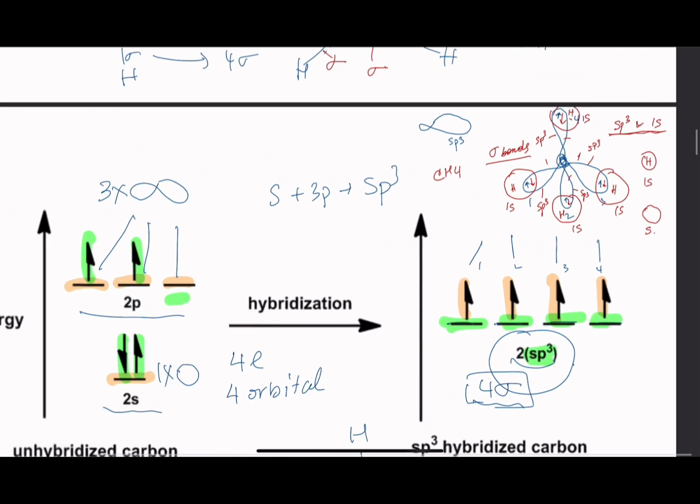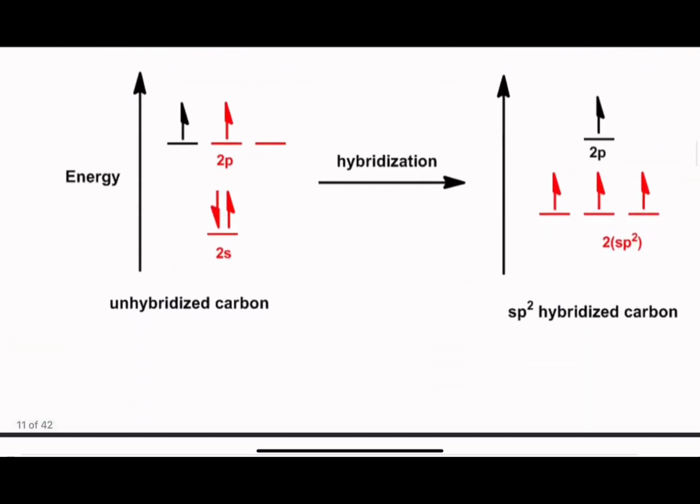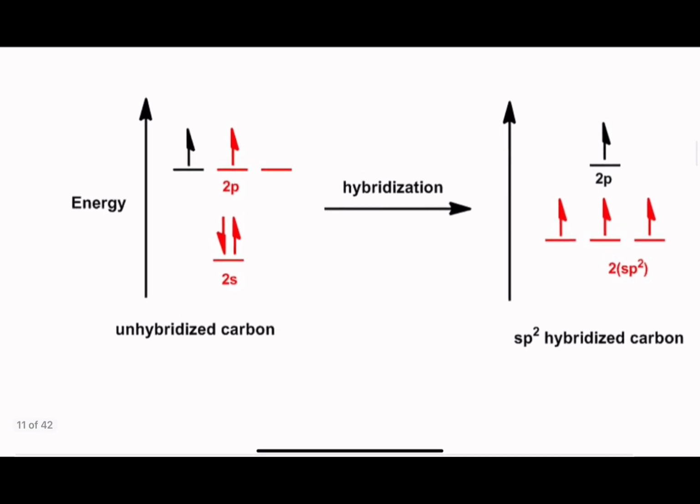Okay, now we're gonna discuss the hybridization of another kind. In this case, I combine the 2s with 2p orbitals, but I only take these 3 orbitals.